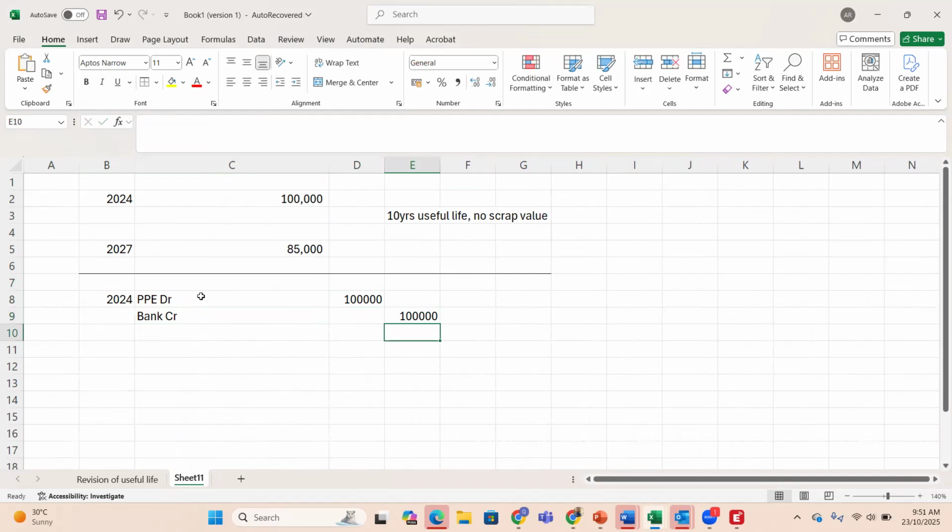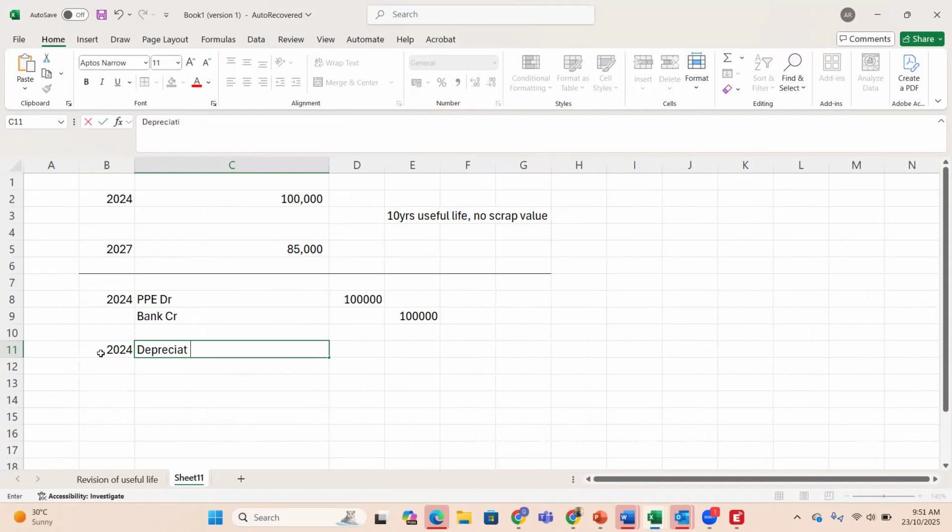Now what would be the entry for depreciation in 2024? Depreciation debit, credit accumulated depreciation.